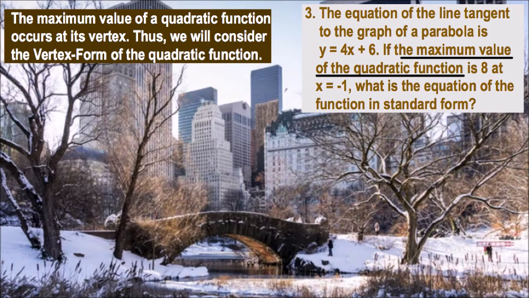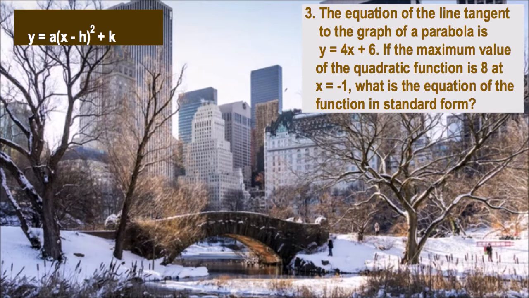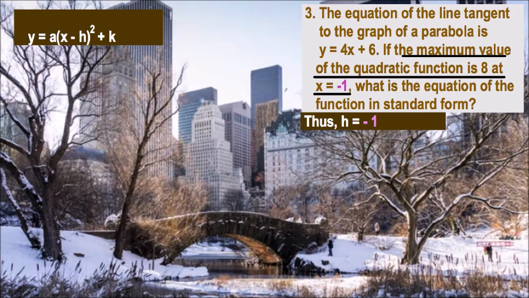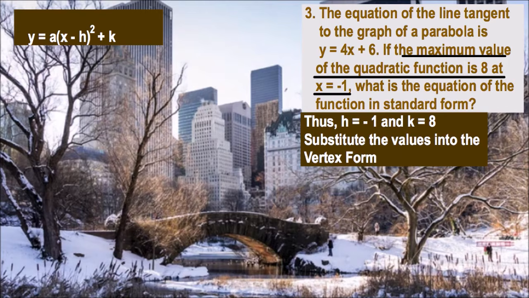Thus, we will consider the vertex form of the quadratic function. y equals a times the quantity (x - h), everything squared, plus k. We wrote that the maximum value of the quadratic function is 8 at x equals -1. Thus, h equals -1, the x coordinate, and k equals 8, the y coordinate.